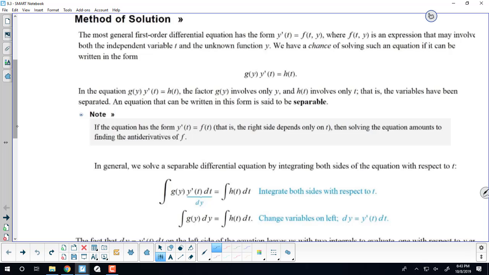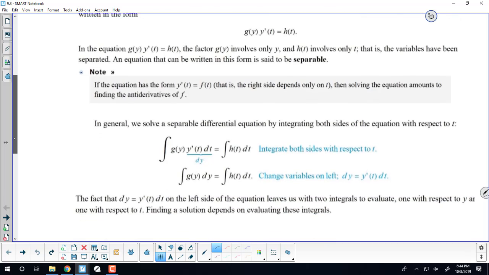So what we're looking at here, with a change of variables, is g of y times y prime of t equals h of t. It may not look separable. How does that allow us to integrate both sides? Because we see one function is a function of t, but we have this other function that's a function of y, g of y. So the idea is sort of explained here.